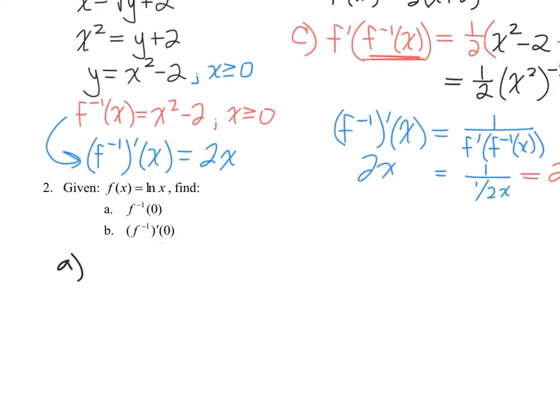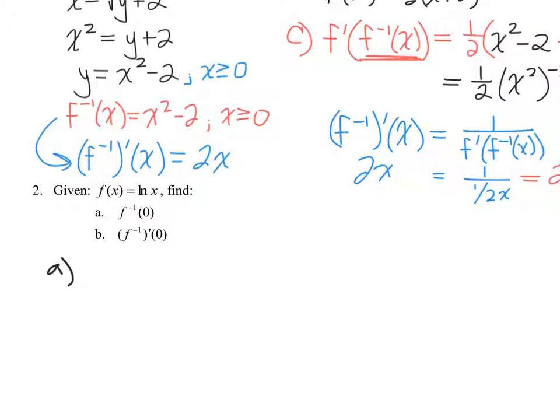Okay, so the interpretation of what the notation means is going to make all the difference, I think. So, this part. The inverse function evaluated for when x is equal to 0. All right, so I'm just going to write out what it means.